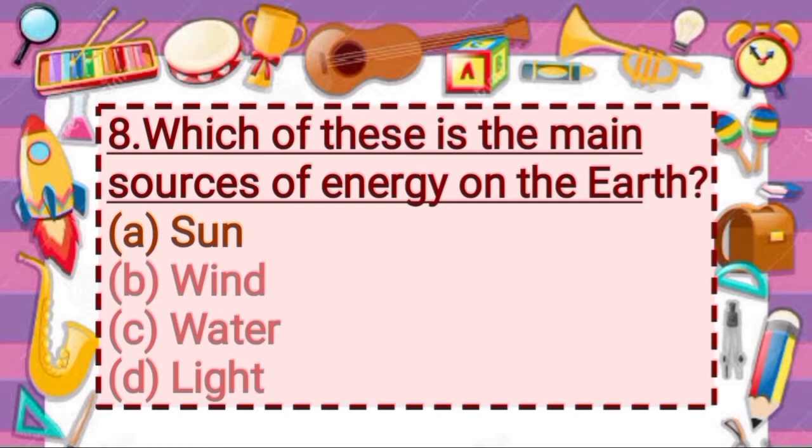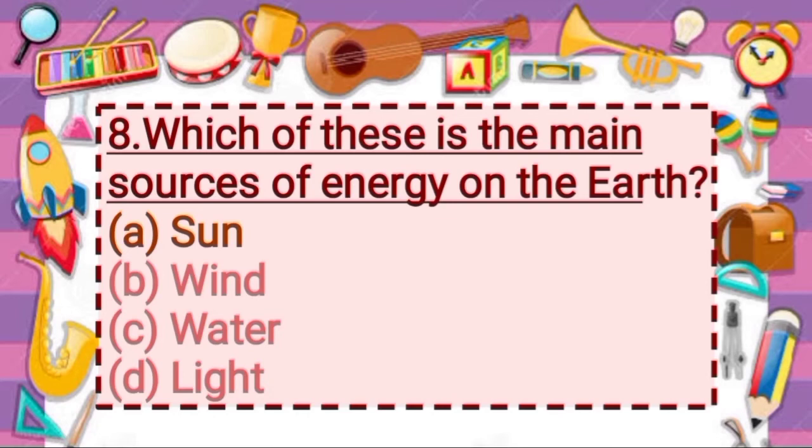So the question is, which of these is the main source of energy on the earth? First option, sun. Option B, wind. Option C, water. Option D, light.